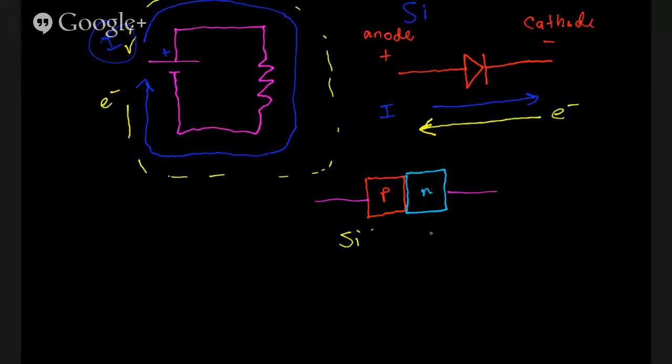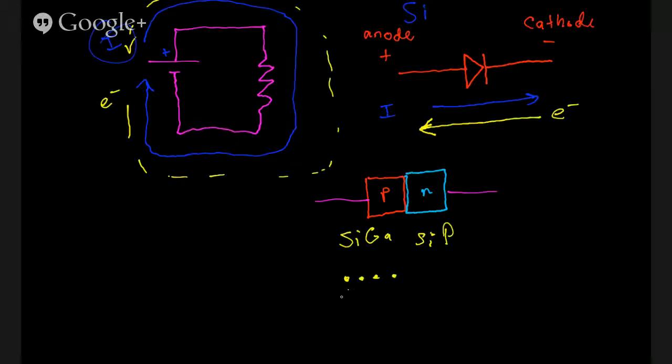N-type, phosphorus. Silicon doped with phosphorus. It's not a compound. It's just random. If you were to look at silicon on a molecular level, it has a crystalline structure, and so let's say that's our silicon, silicon, silicon.